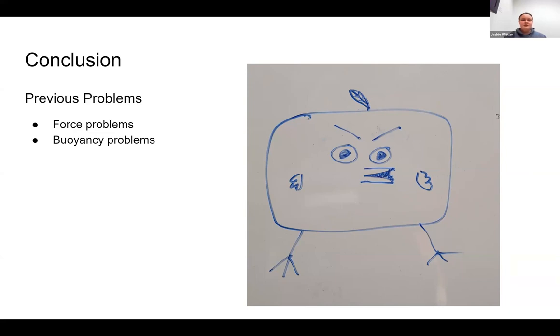Because buoyancy is a force, it can be compared there. There is not a lot of comparison, because it's a different type of force, since you have to take density and pressure into account. But it is still a force problem, and so we can compare it there. So overall, that was our problem for buoyancy. Thank you.